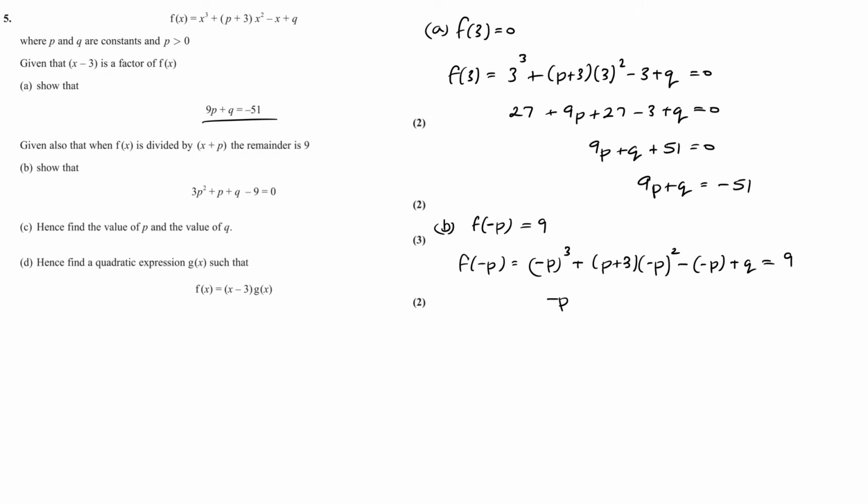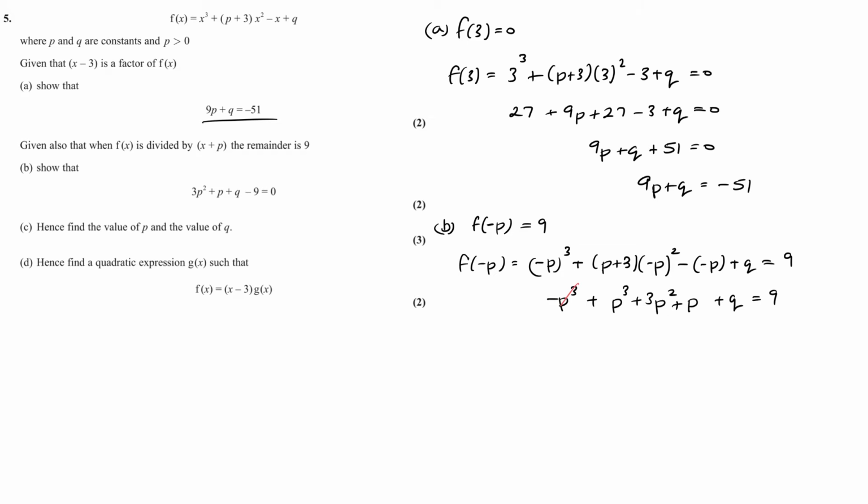Minus p cubed plus p plus 3 times p squared gives minus p cubed plus 3p squared.